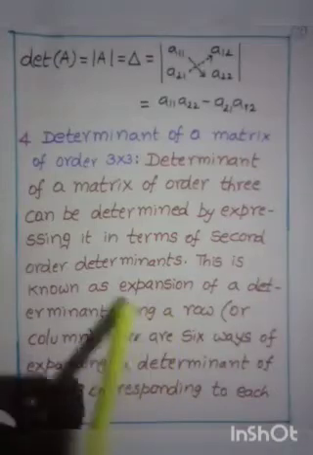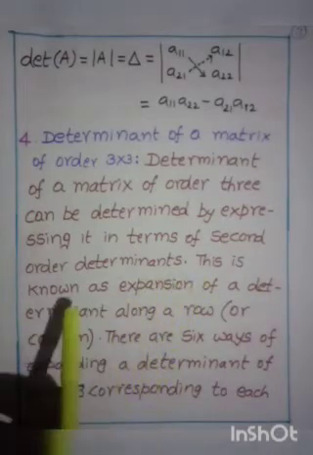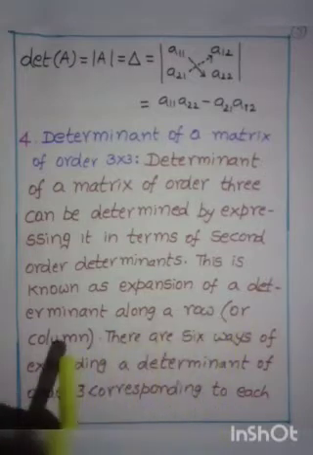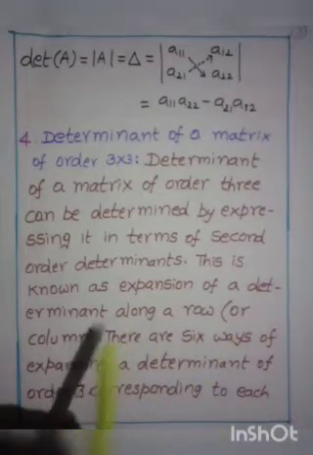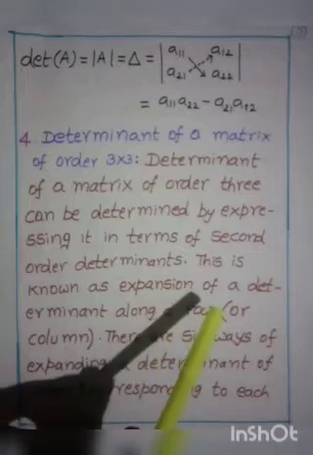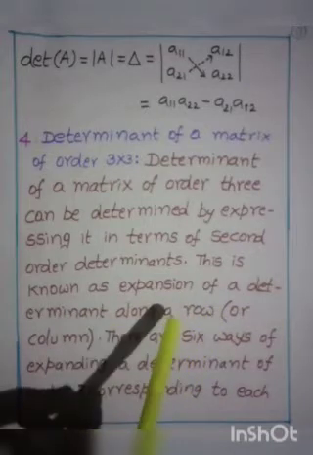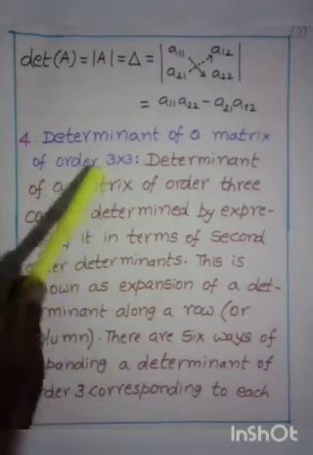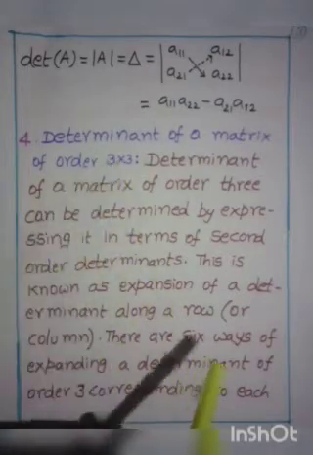This is known as expansion of a determinant along a row or a column. With the help of expansion along a row or along a column, we find the determinant of a square matrix of order 3.